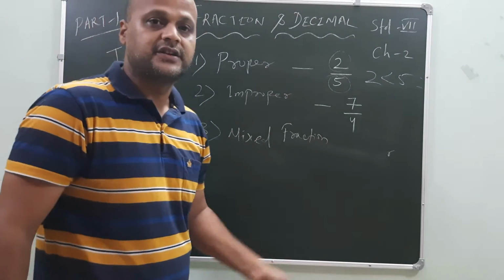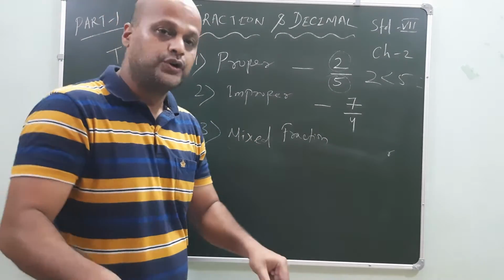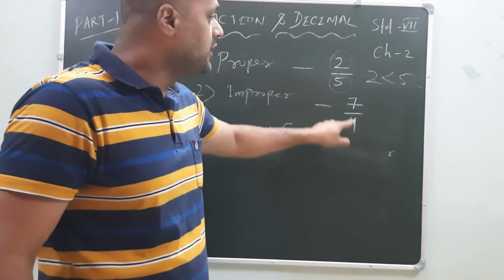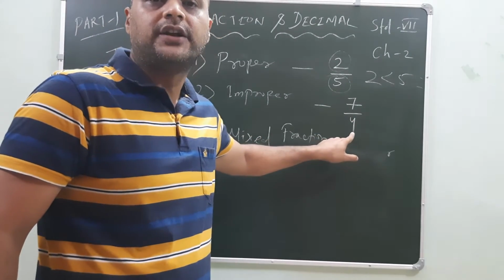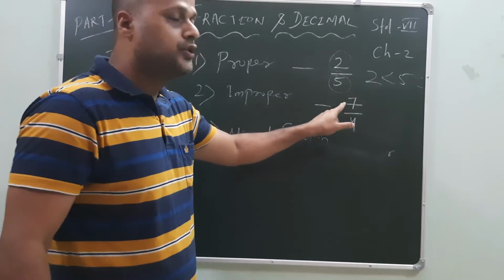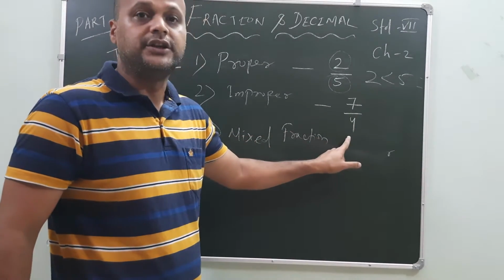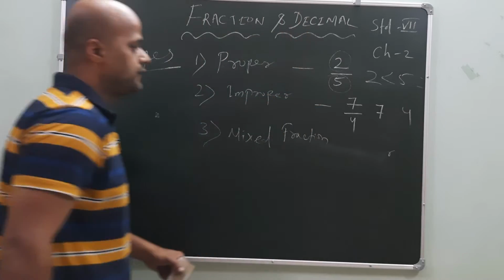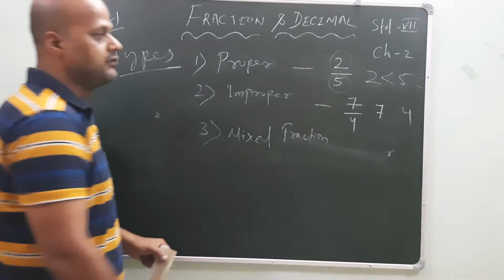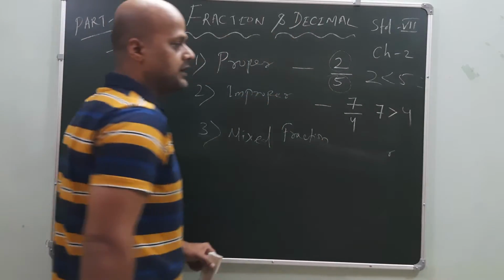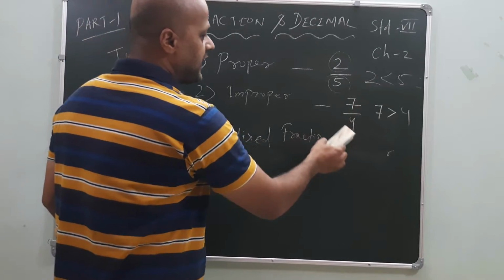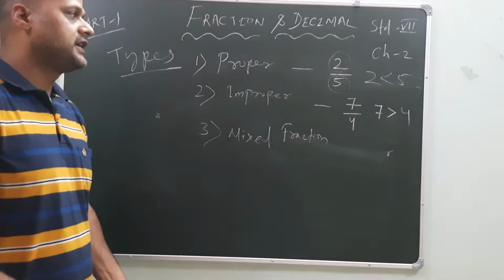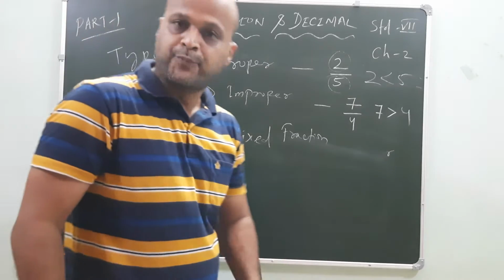An improper fraction is a fraction whose numerator is bigger than the denominator. Here the numerator is 7, the denominator is 4. So 7 is greater than 4, and if the fraction is of this form, then that fraction is an improper fraction.